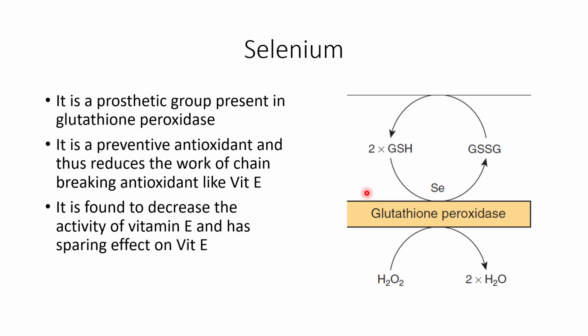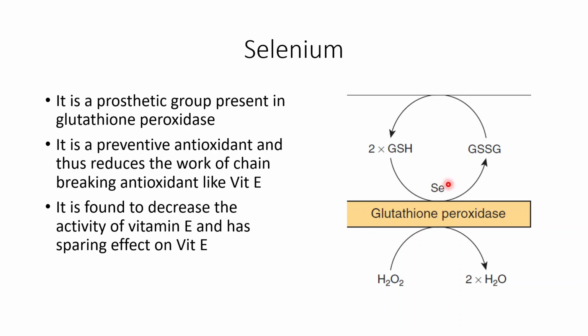Now, if you look at lipid peroxidation, glutathione peroxidase is the preventive antioxidant. A preventive antioxidant prevents the formation of free radicals. So if the action of glutathione peroxidase is good, then the chain breaking action becomes reduced.